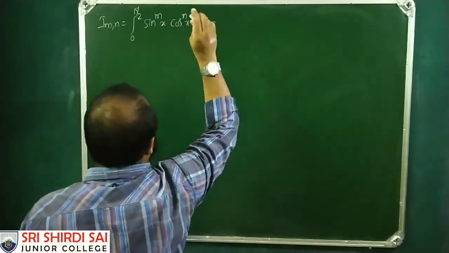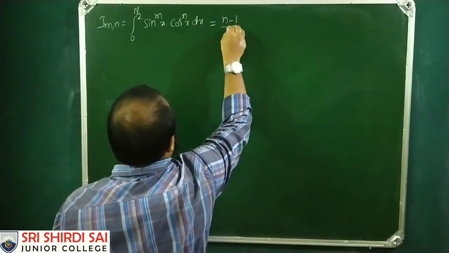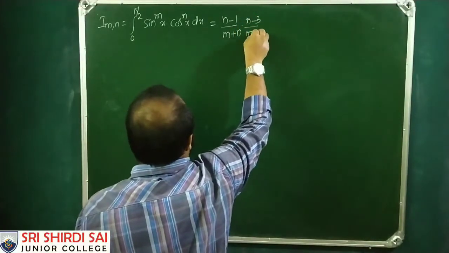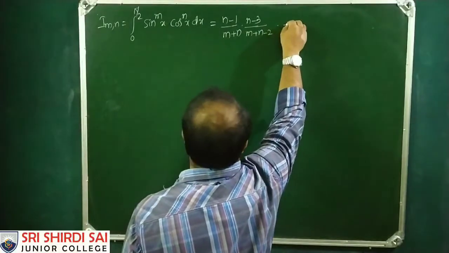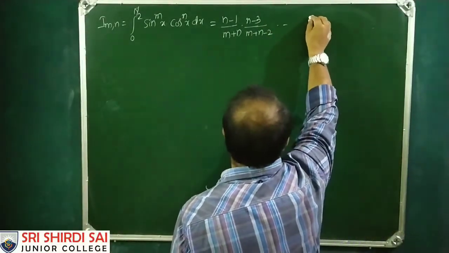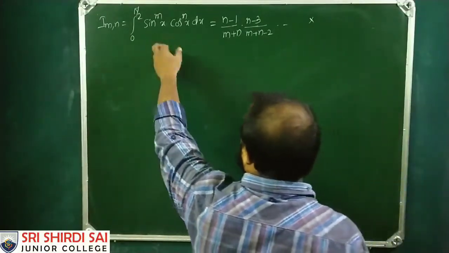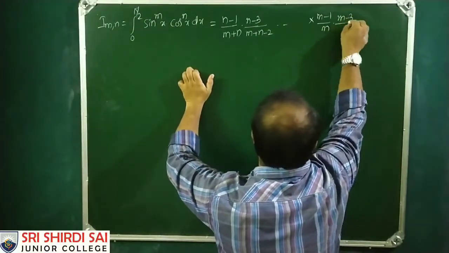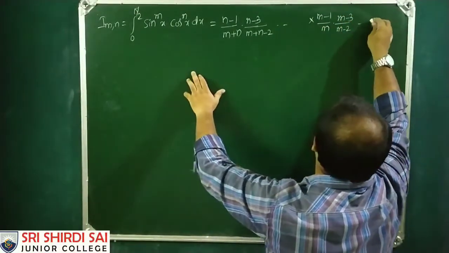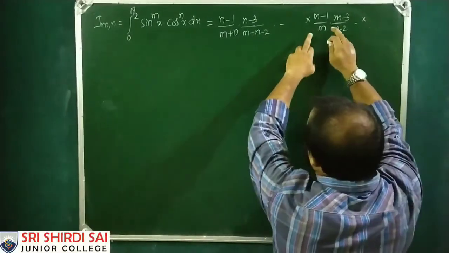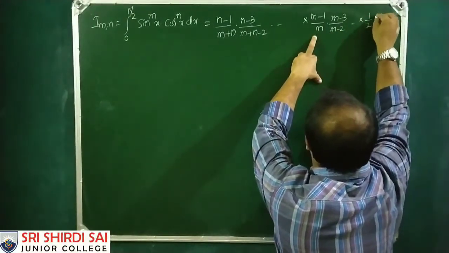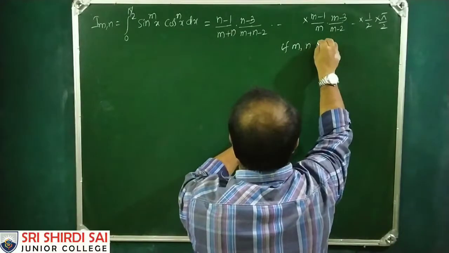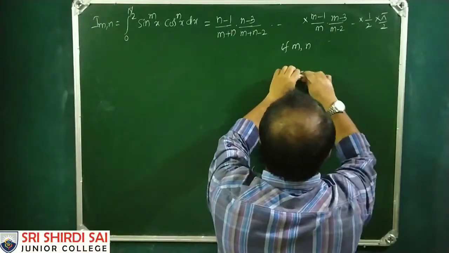This is equal to n minus 1 by m plus n, n minus 3 by m plus n minus 2, etc. This is the first part, and the second part is m minus 1 by m, m minus 3 by m minus 2, etc. So if m is even, it will be 1 by 2 into pi by 2. This is if m, n are even.